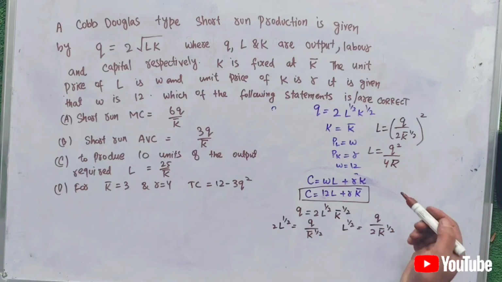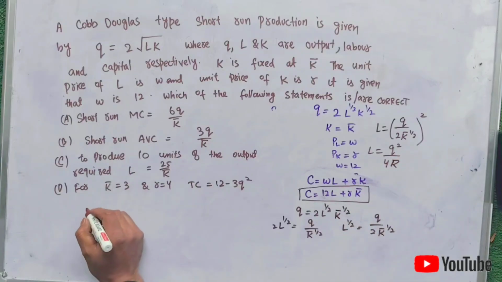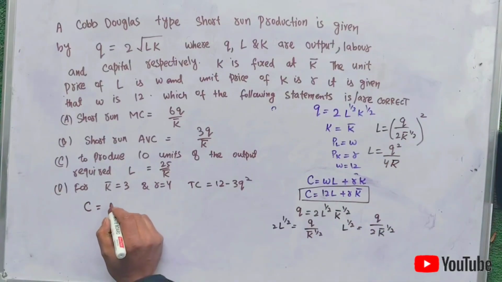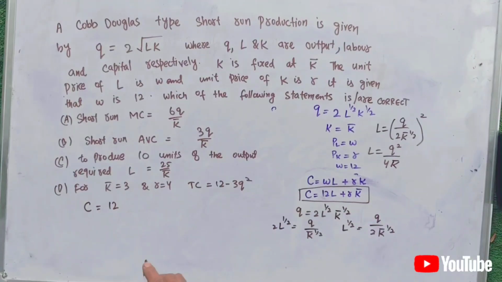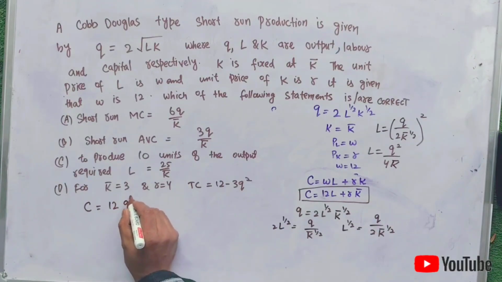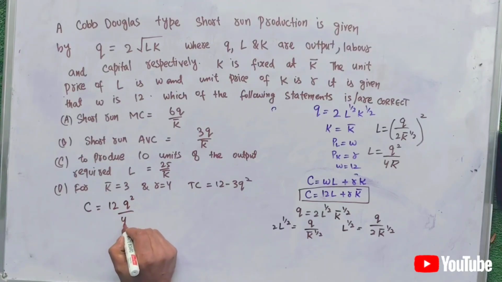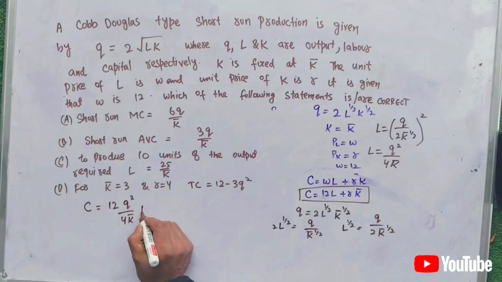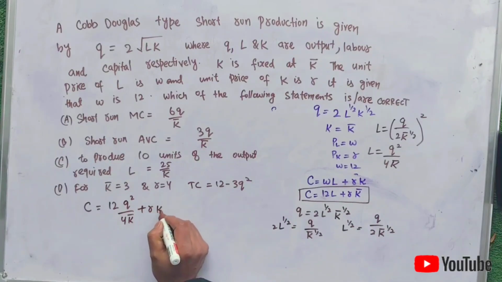Okay, now we plug this value of L into the cost function. So our total cost will be equal to 12 times the value of L, which is Q square divided by 4 K bar, plus R times K bar.